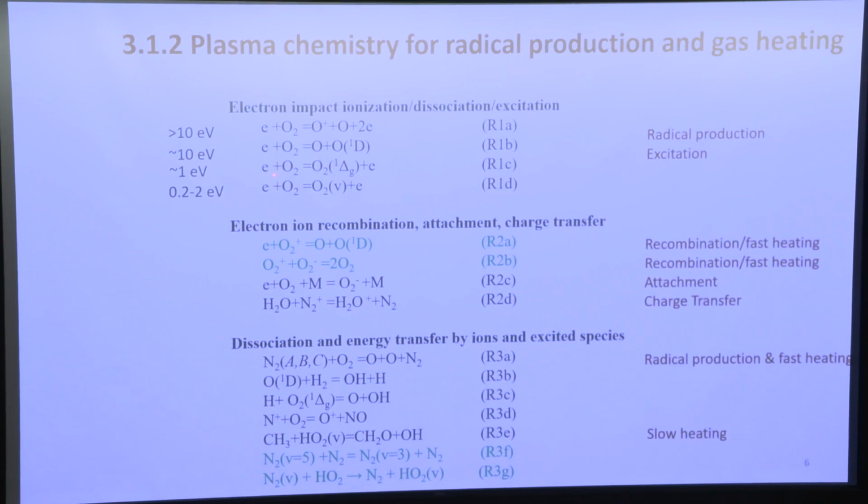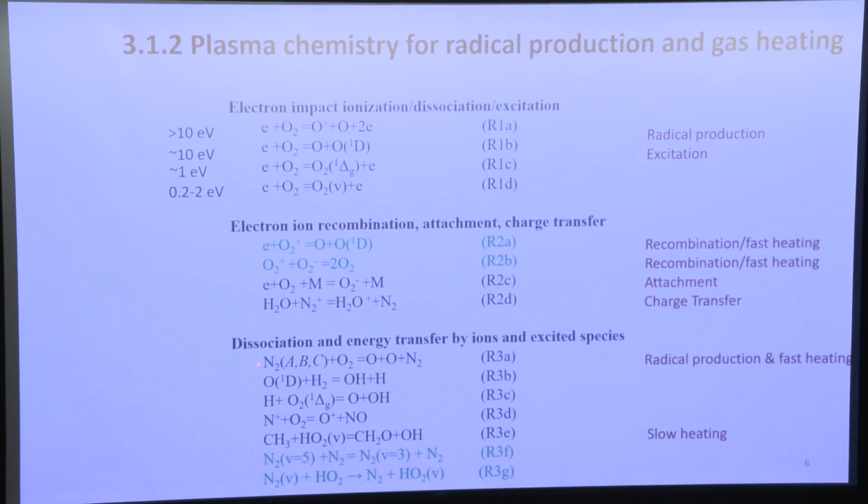Also, electron impact with oxygen forms singlet oxygen molecules, at very low temperature. These singlet oxygen molecules can react with a few radicals. They can accelerate combustion as well. And you have the electron-ion recombination process. This gives you fast heating, charge transfer.